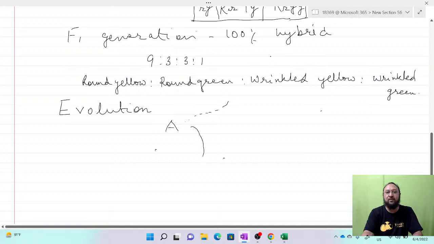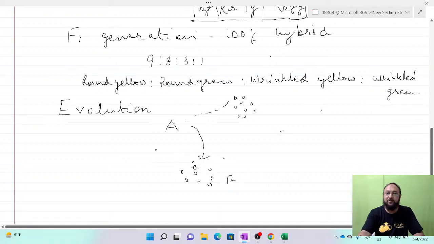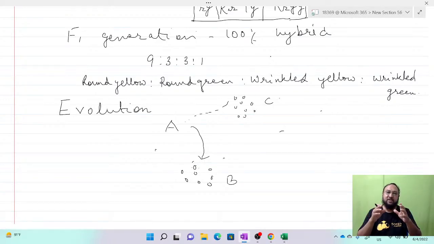The migrated group got adapted and formed a new species, whereas another group went to higher altitudes, got adapted and changed themselves. So this will be species B and species C.